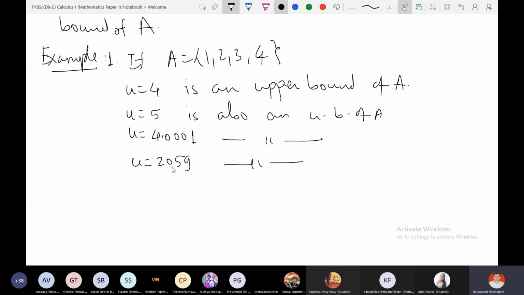But if you take U equal to 3.9978, is it an upper bound? No, it is not an upper bound of A. That means you cannot go below 4. So 4 is something special. You cannot go below 4, but anything greater than 4 is an upper bound.